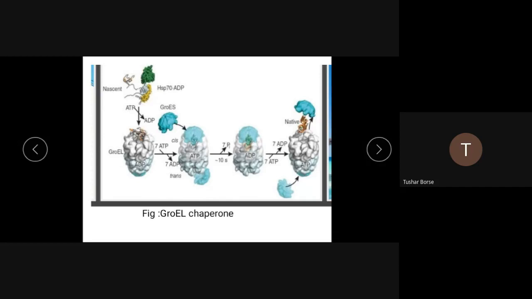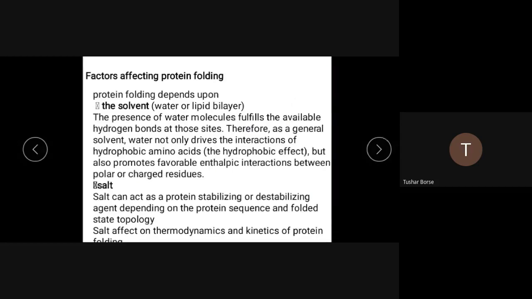When a protein folds, many different factors affect protein folding. First is solvent. The presence of water molecules fulfills the availability of hydrogen bonds at those sites.